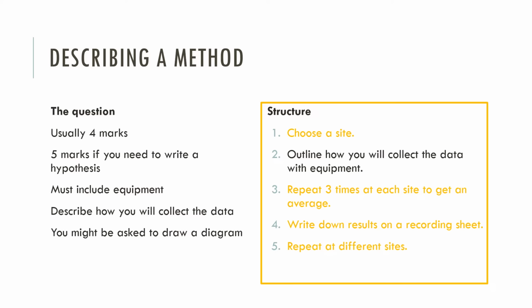The first method, the one that is really common, is gradient, the beach profile, and this is the equipment that you would need. Some ranging poles, tape measure, clipboard and recording sheets, and a clinometer. So looking at the questions here, if you look at them on your screens, you can see they are very similar indeed. And what's useful is that both come with an image of the students collecting the data.